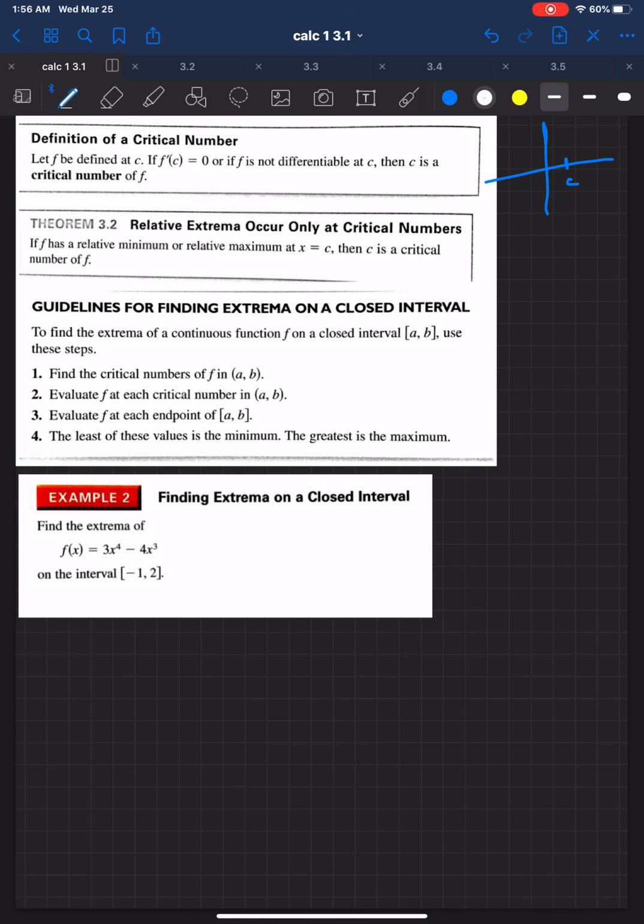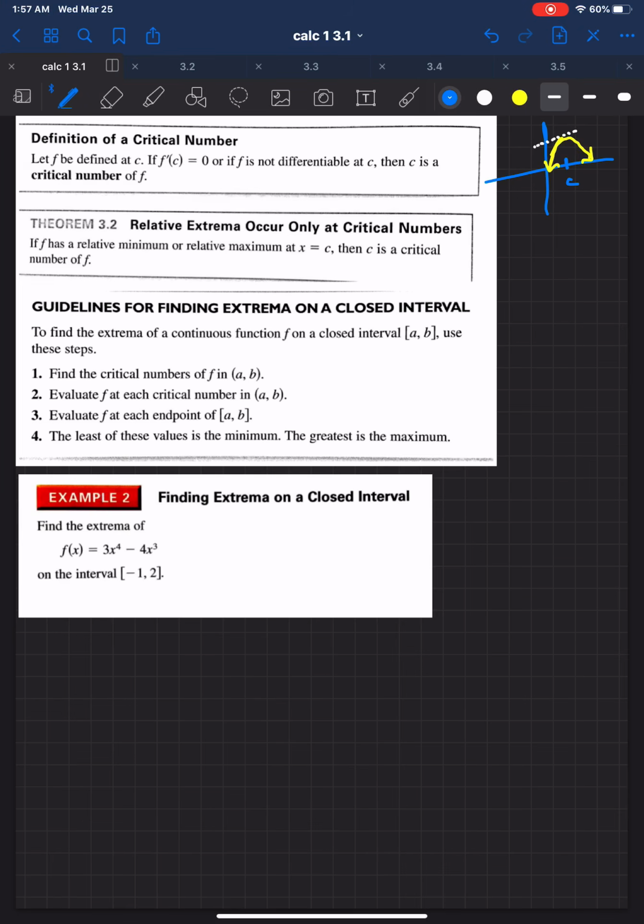Okay, hold on for a second. F prime of C equals 0 would mean that the slope at the point C is 0. Or, let's say if f prime of C equals 0, or if f is not differentiable at the point C, then C is a critical number of f.